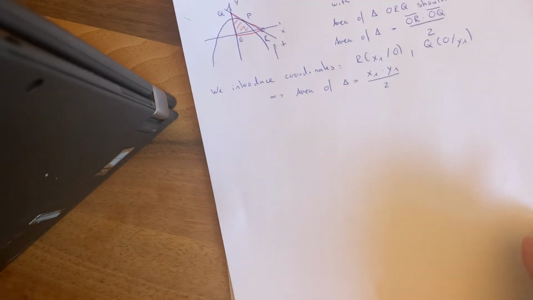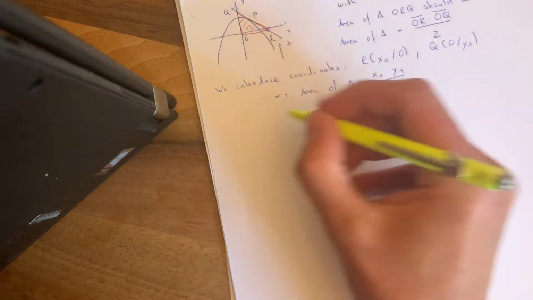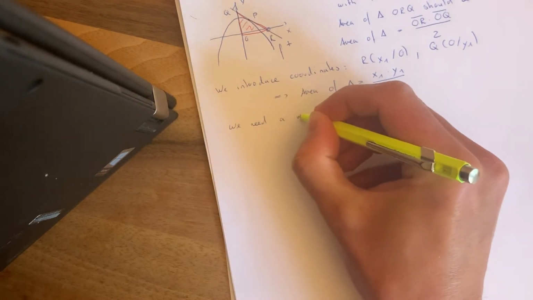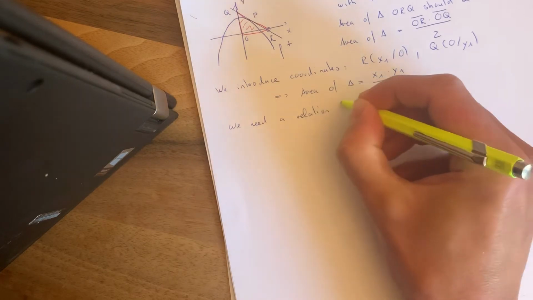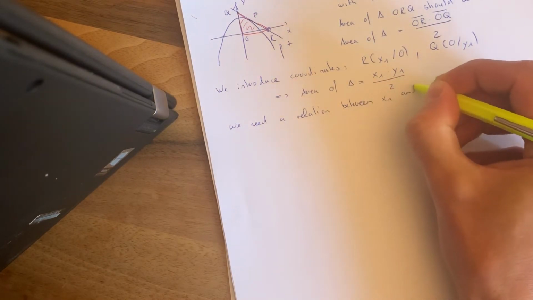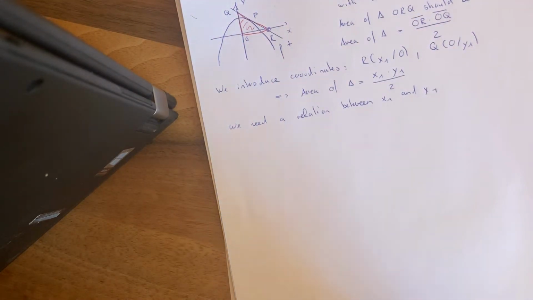If you consider this here, what are we going to need? Of course, we need a relation between x1 and y1. How are we getting this relation? What do we know about points R and Q?